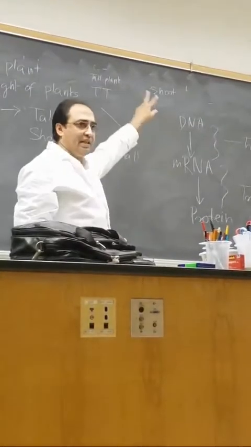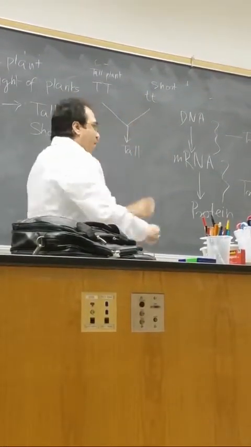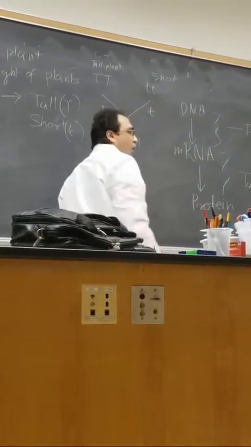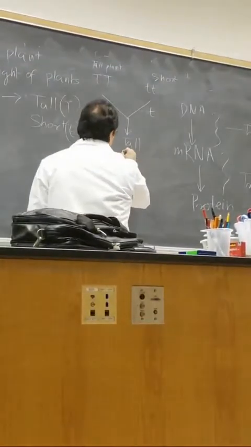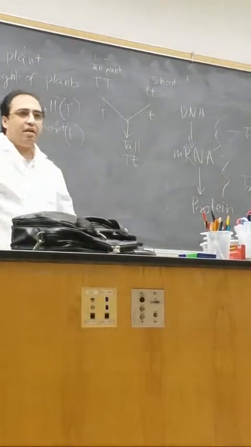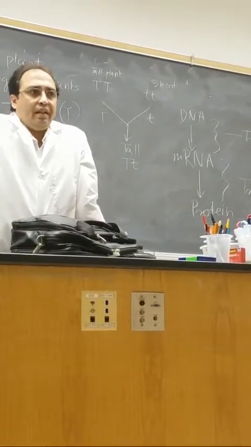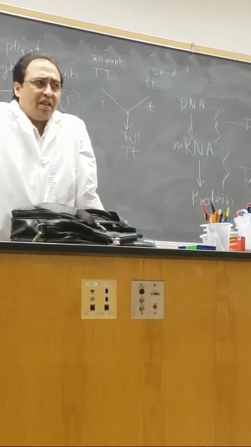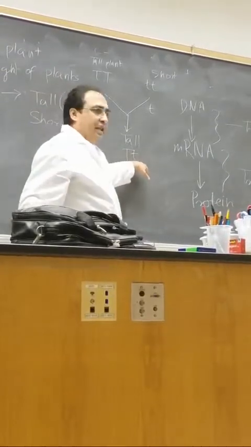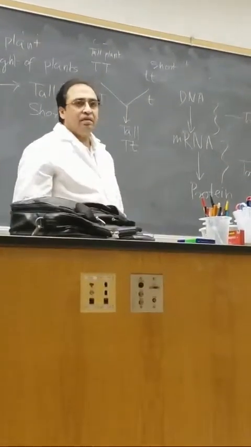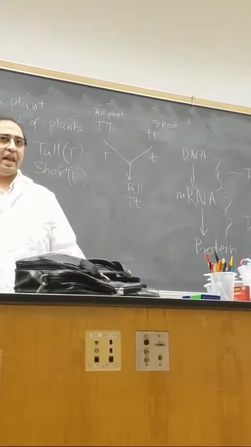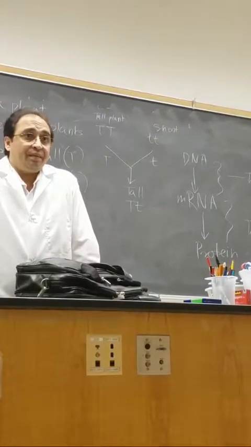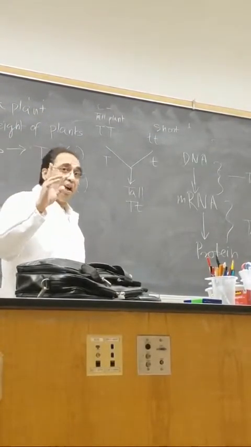But according to this scenario, this can produce one type of gamete, capital T, and this can produce another type of gamete, small t. So this plant must have this type of gametic condition. Clear? Any problem, question? I think you already read this part in high school. So this is the tall character. Now, there are 2 gametes here, but the character is tall, the trait is tall. From here, he concluded one part.